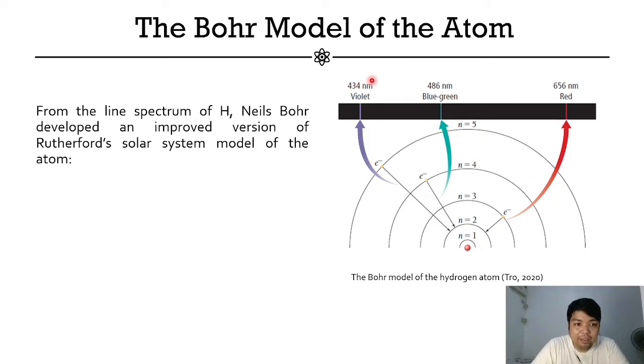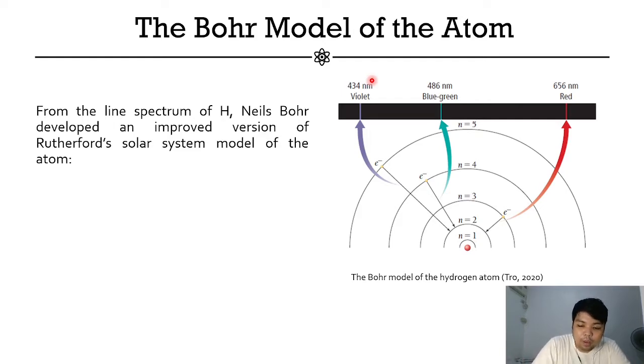He combined the solar system model of Rutherford with the concepts established by Planck and Einstein in the photoelectric effect, which gives rise to the Bohr model of an atom.